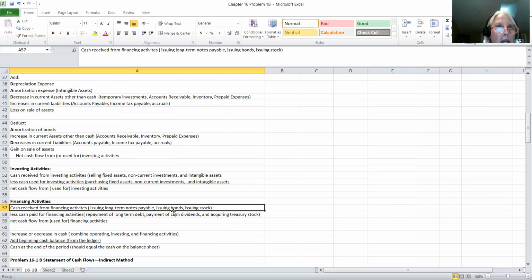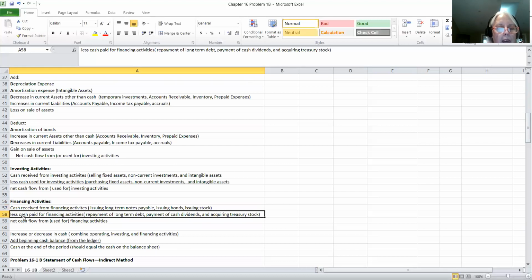If you issue any bonds, which is considered long-term debt, it will go in the financing section. If you issue any stock, if you sell any stock, it's going to go in the financing activities section. That is, the cash amount that you receive from the sale of that stock will go in the financing activities section.